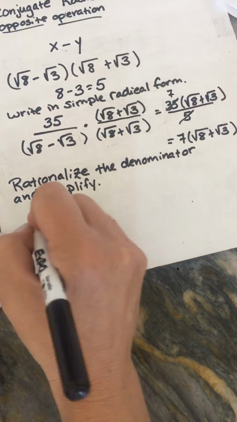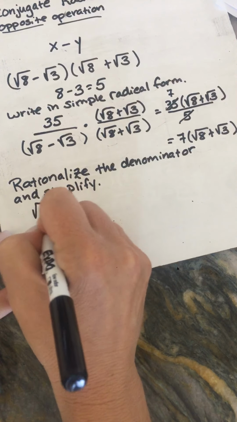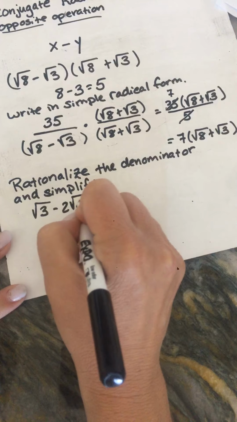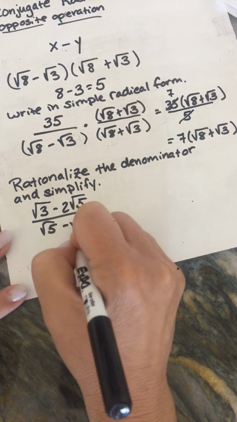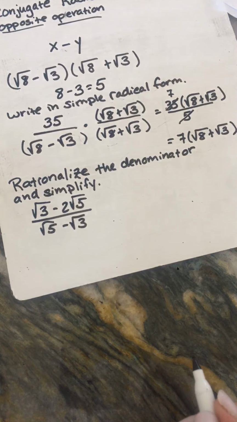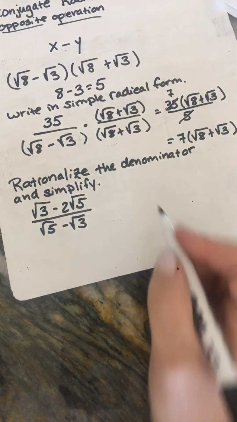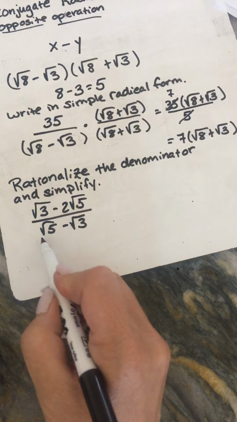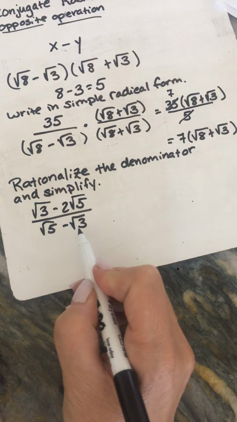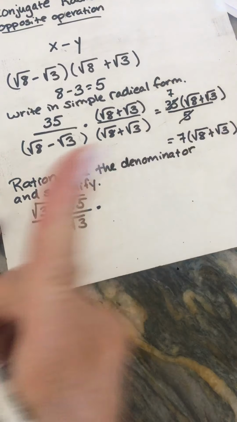Okay, so here we go. Here's our problem. Square root 3 minus 2 square root 5 divided by square root 5 minus square root 3. So, is it in simple radical form? Nope, we have our violation right here. So we're going to multiply by 1.